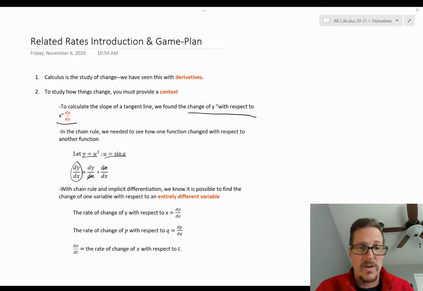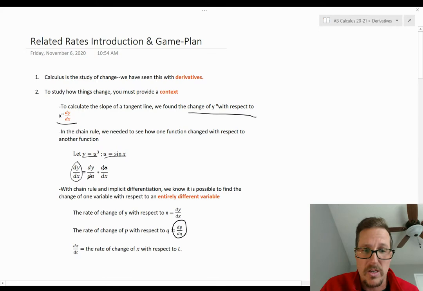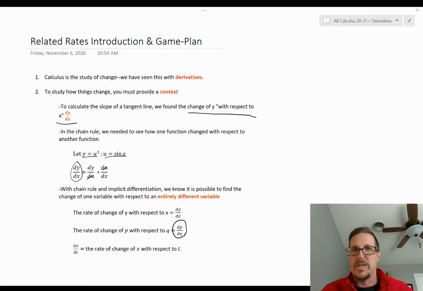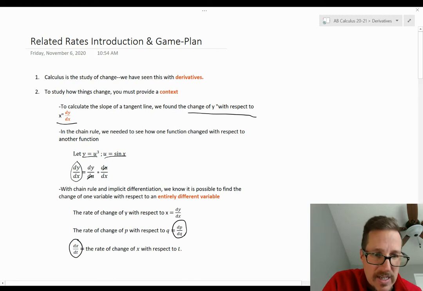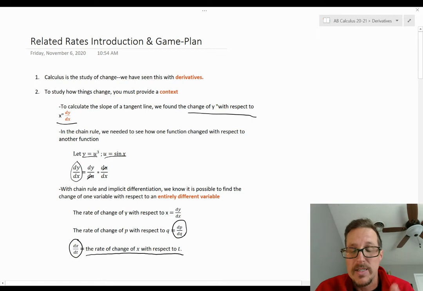You can take the derivative of p with respect to q. That would be dp/dq. You can take the derivative of L with respect to B. It would be dL/dB, right? dx/dt, we would say that is the rate of change of x with respect to t.